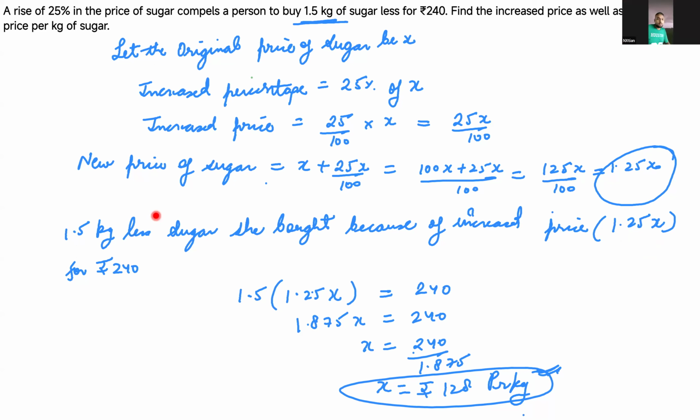How much less? 1.5 kg less sugar for 240. So 1.5 into the new price is equal to 240. When I solved it, I got the value of it. Now, what is the new price? This is the original price. You have to multiply it by 1.25 and you will get the new price.